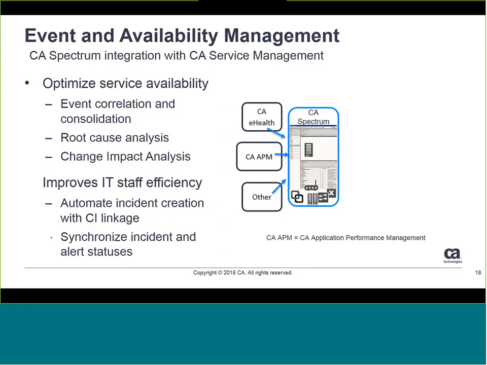The integration between CA Service Desk and CA Spectrum is bidirectional. When a managed object in Spectrum generates an event, whether it's warning or violation, an alarm is raised in Spectrum, and we can flag for an incident to be created in Service Desk Management when certain alarms are picked up.